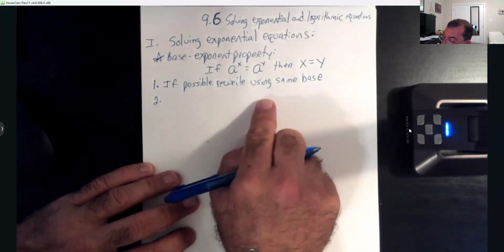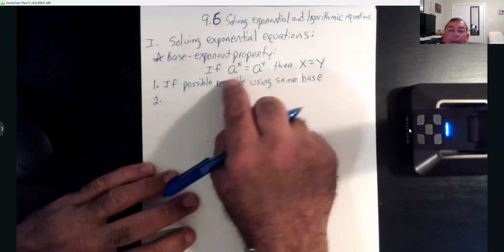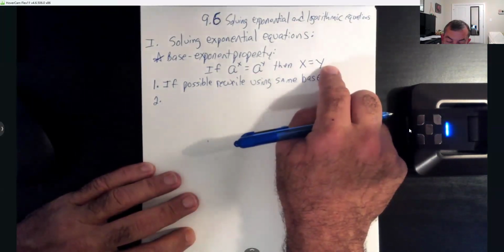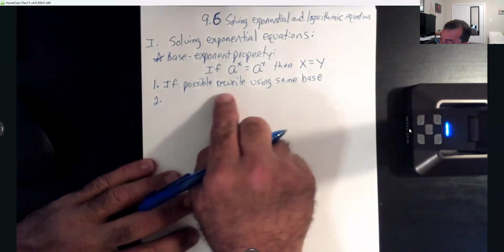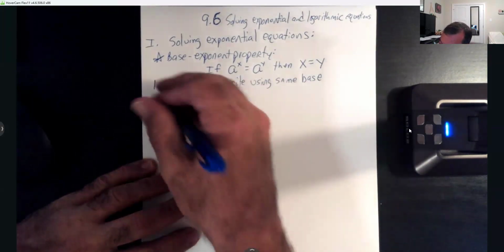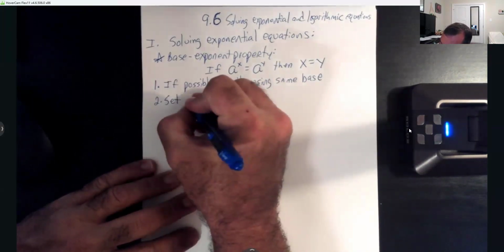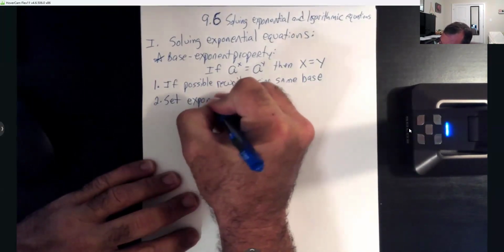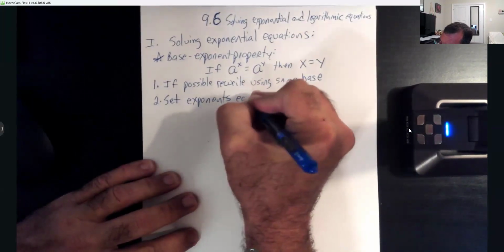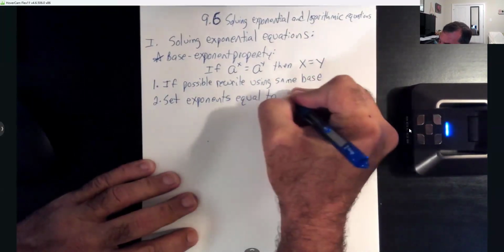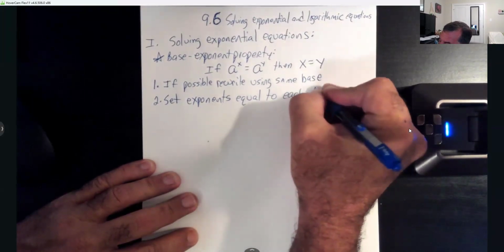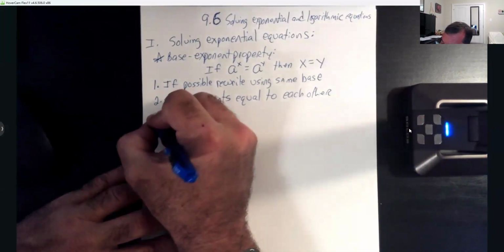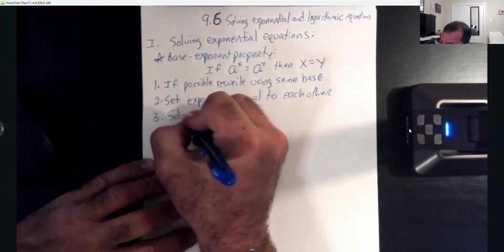Because if I can rewrite it using the same base, that means the exponents will be equal. So if I rewrite it using the same base, set exponents equal to each other, solve for the variable.